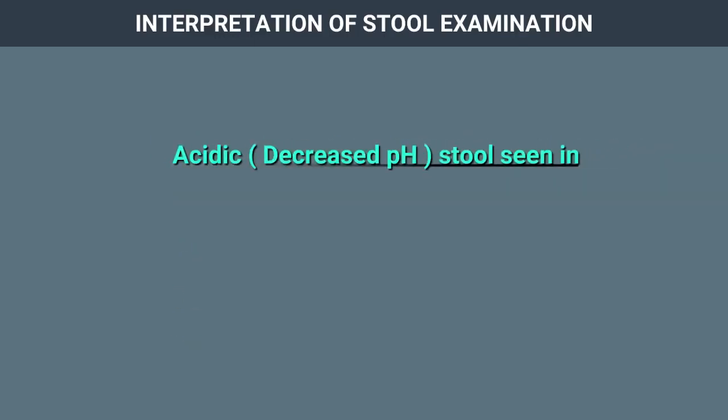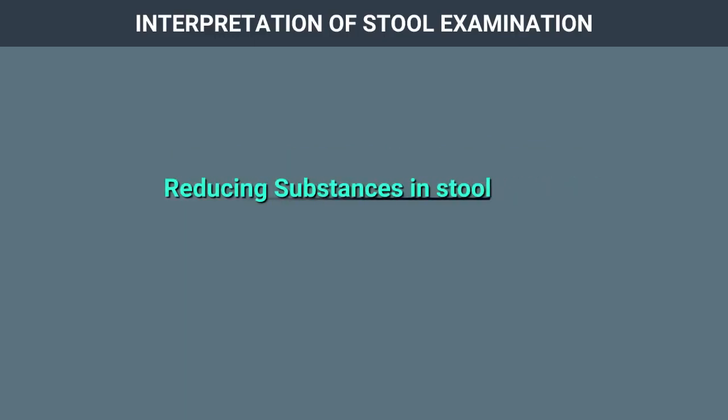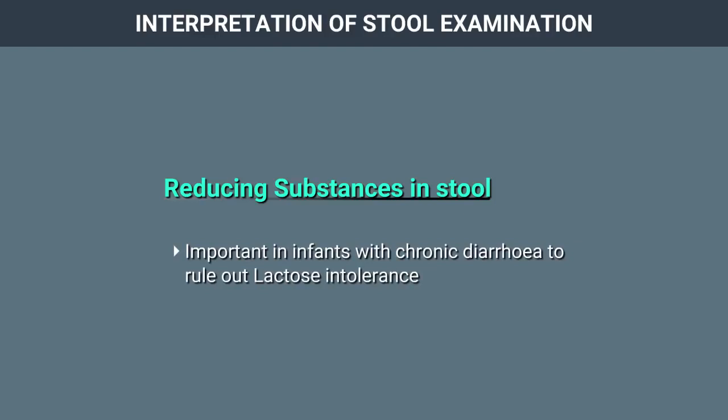Acidic stools may be seen in cases of fat malabsorption, disaccharide deficiency, and carbohydrate malabsorption. Reducing substances in stool are important in infants with chronic diarrhea to rule out lactose intolerance.